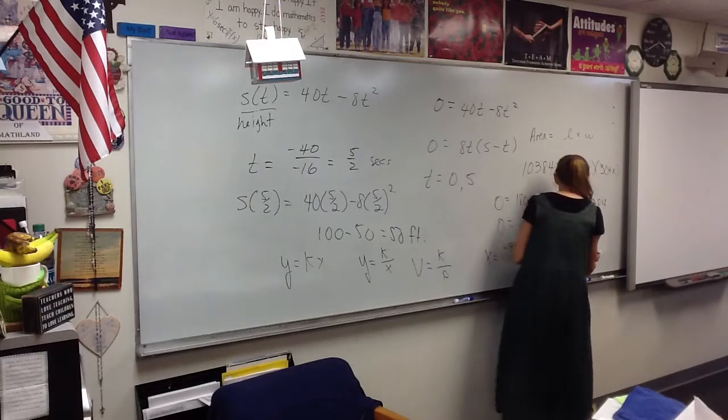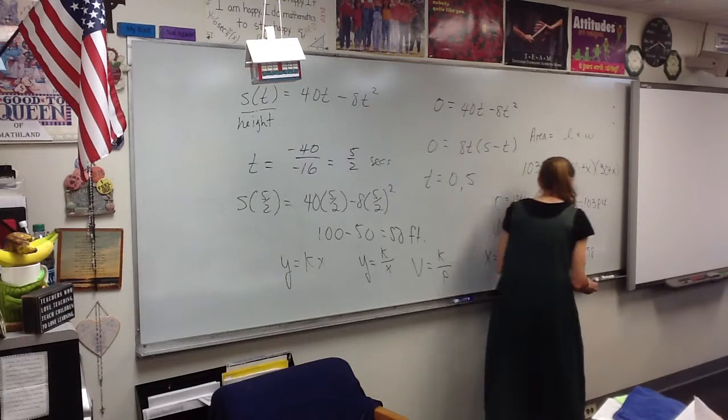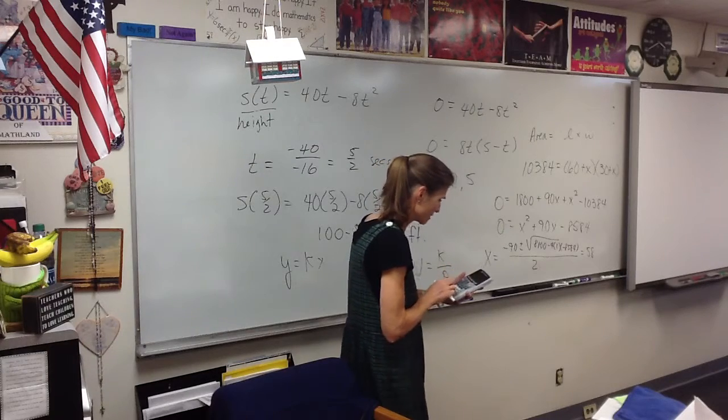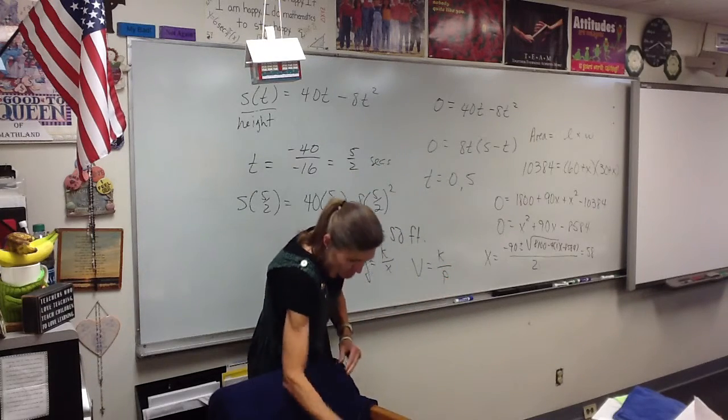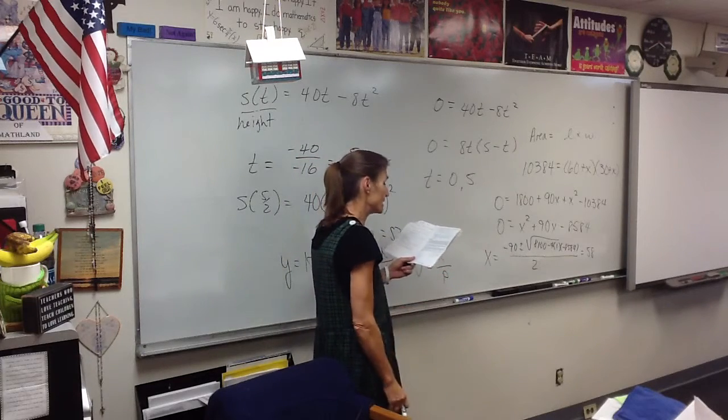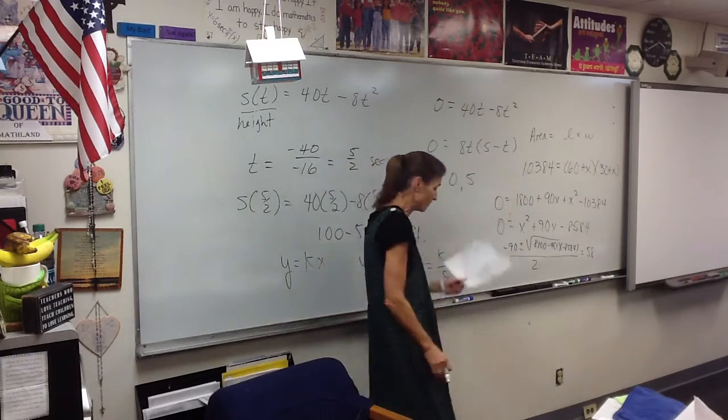I got 58. Is that right? Anybody else match that? Okay. So let's answer the question then. That's my x value. Find x, the distance between the house and the fence. So that would be 58 feet.